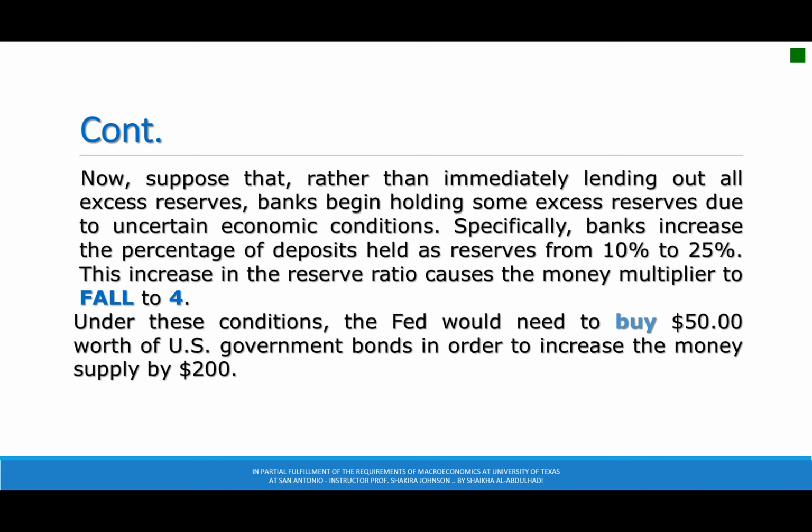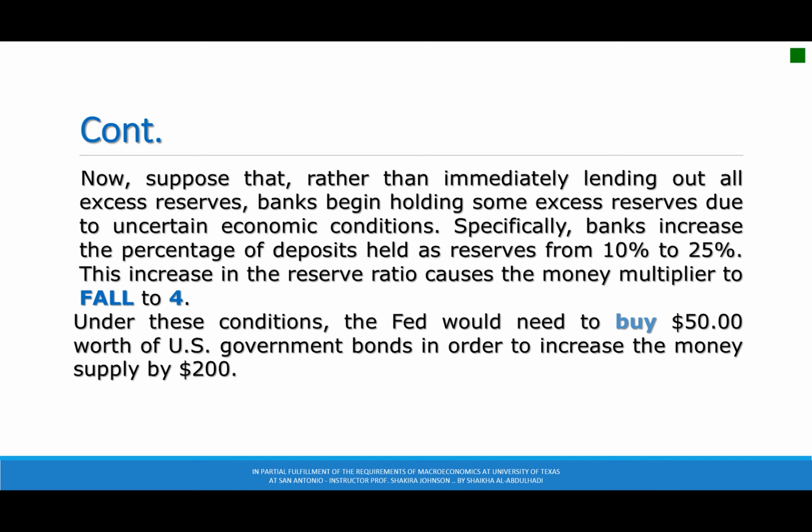When banks hold additional reserves, the Fed will have to buy more bonds in order to increase the money supply by a given amount. Specifically, an open market purchase of $50 worth of bonds rather than $20 is now required to increase the money supply by $200.